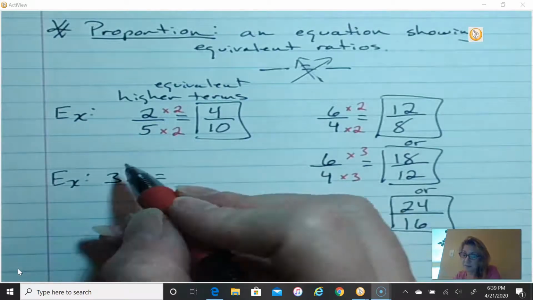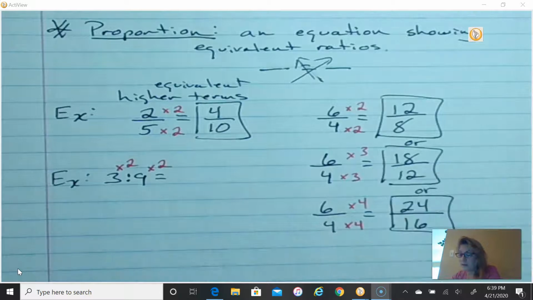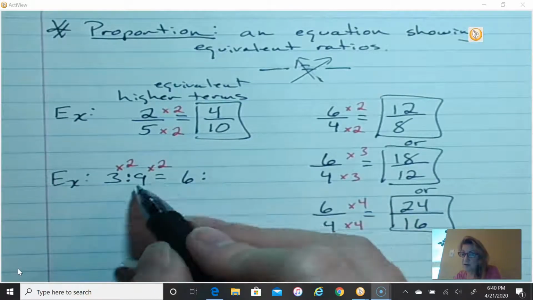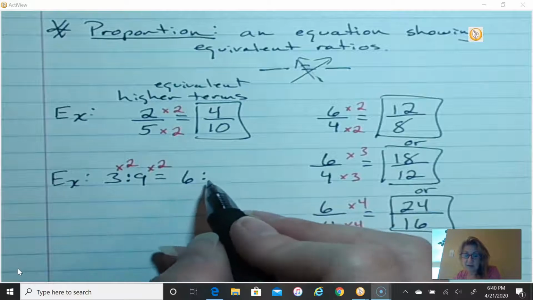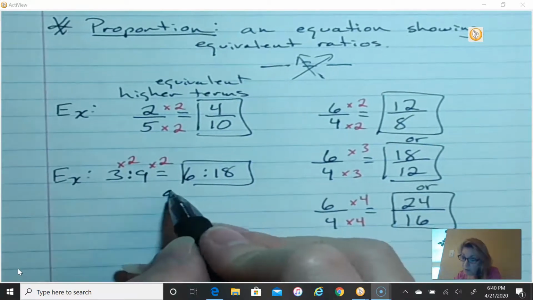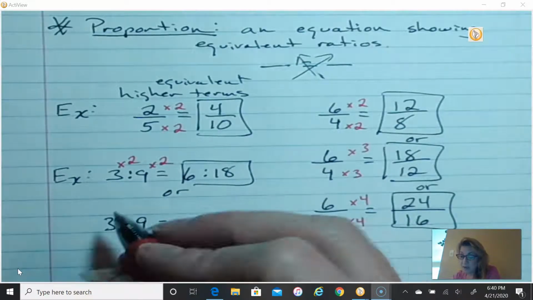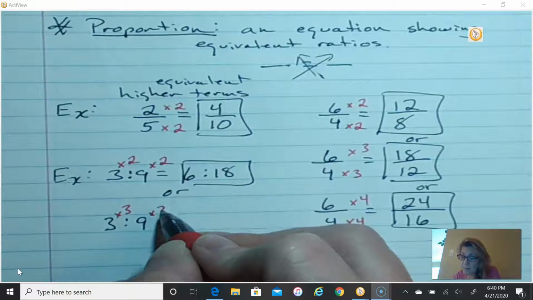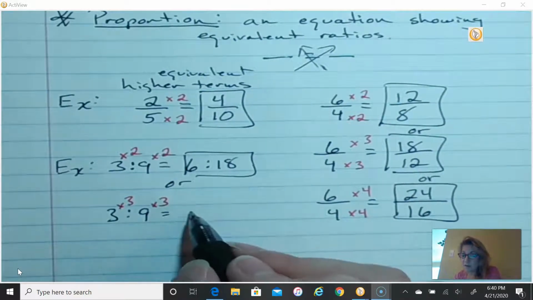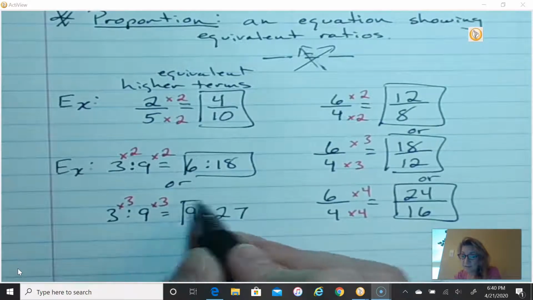You're going to do the same thing. Times 2. What you do to one side, you do to the other. 3 times 2 is 6, colon, 9 times 2 is 18. Or you could do times 3. What you do to one side, you must do the other. So 3 times 3 is 9. 9 times 3 is 27.